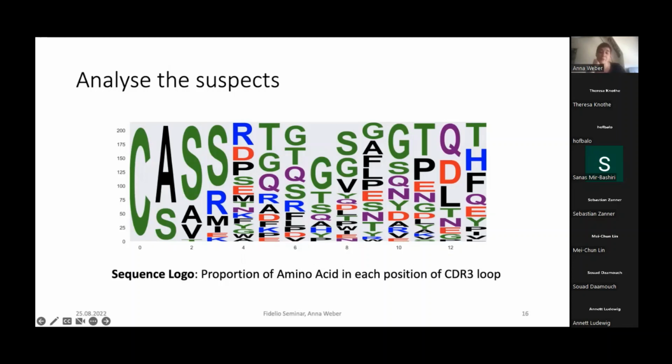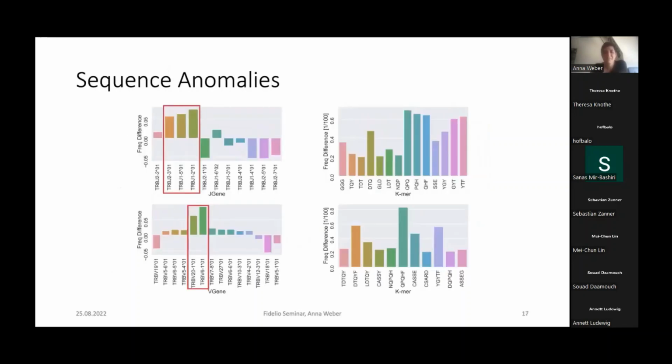But when I look at this, I don't really see a pattern. There's not one pattern across all of these T cell receptors. There might be several groups, but they don't all have a very similar binding sequence. That's interesting, but it also makes it a bit harder for us.